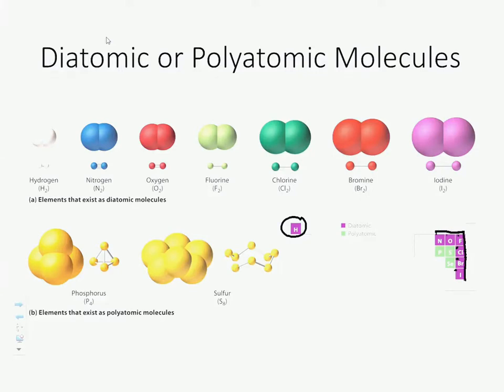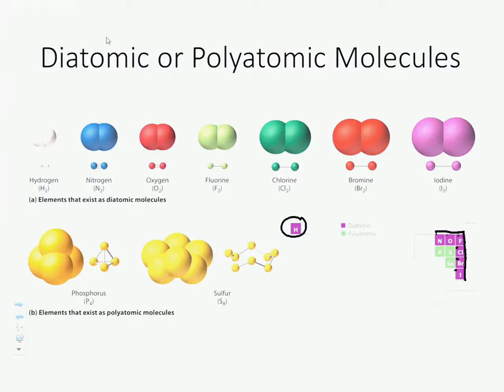The examples shown here are phosphorus and sulfur. Sulfur and phosphorus exist as a molecule with just simply sulfur atoms joined together by bonds. Same thing for phosphorus, phosphorus atoms joined together by bonds. That's what makes them polyatomic, that there are multiple atoms joined together by a bond.